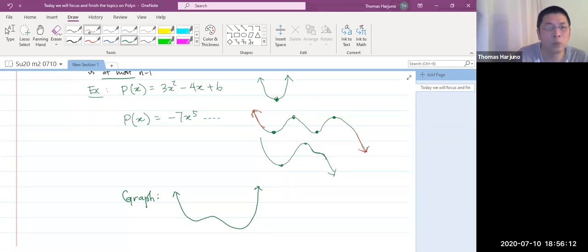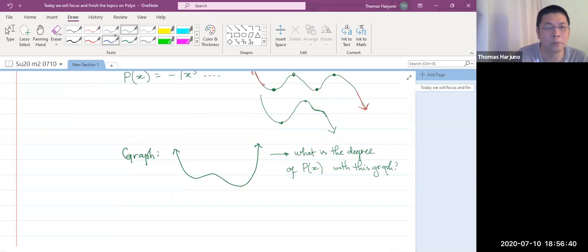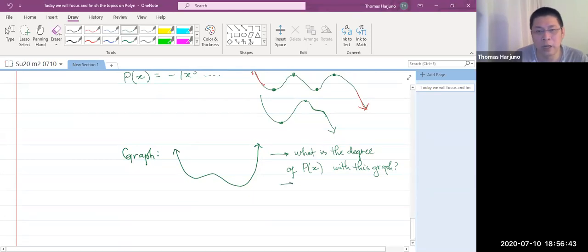Now, find the degree of the polynomial P(x) with this graph. We know that because it goes to the top on both ends, n must be even. Even more, the leading coefficient is positive, right? Because it's top.